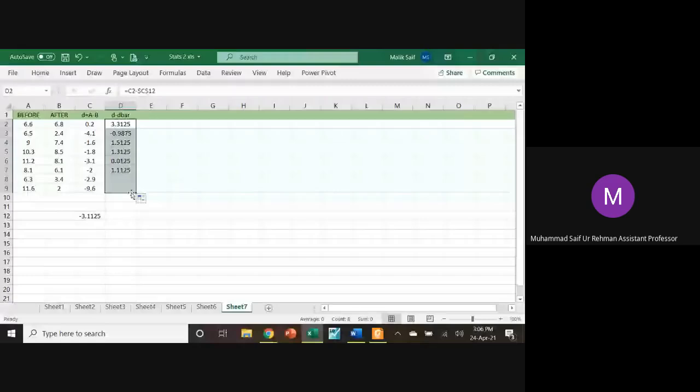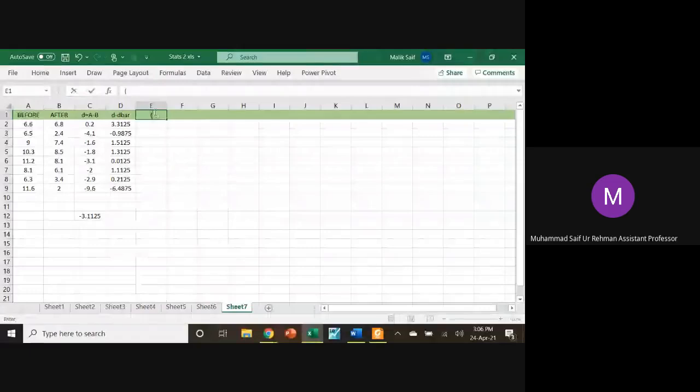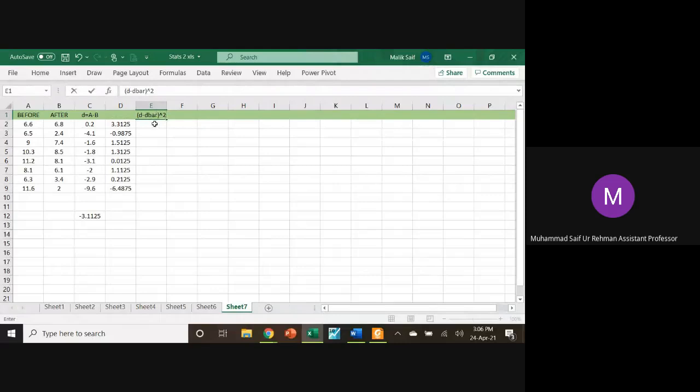These are the values. So the sum of these values will equal 0. We are not interested in that. Equal to D minus D bar, and we are interested in taking the square of this. So come over here, equal to this value and take the square of this value. You may double click this to have the values, or you may drag it down. So these are the values for D minus D bar whole square, and we are interested in taking the sum of this. Why?